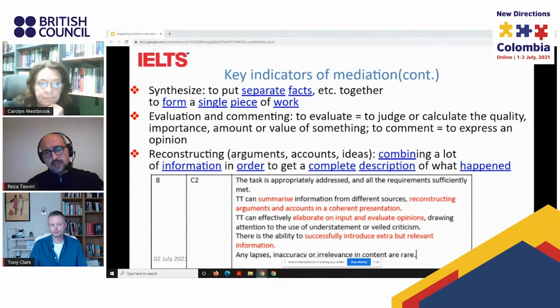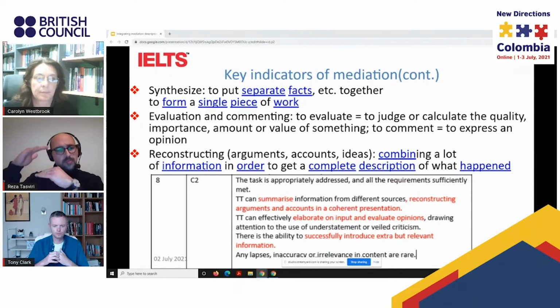Now, moving on to some of the other key indicators of mediation that were operationalized and integrated into the scales, we've got synthesizing, and the indicators on this slide were integrated more in the higher end of the scale.